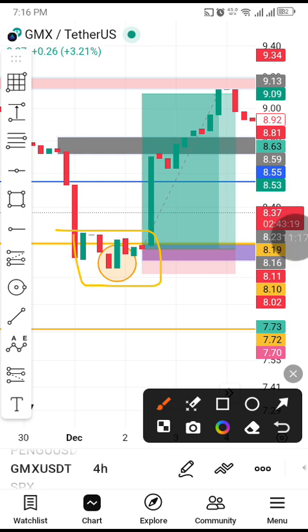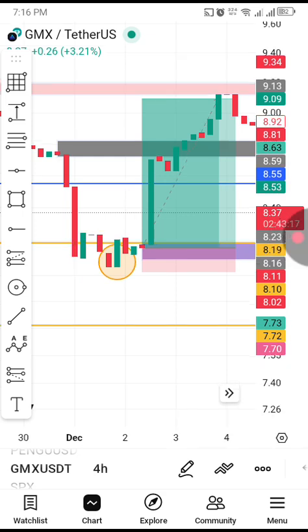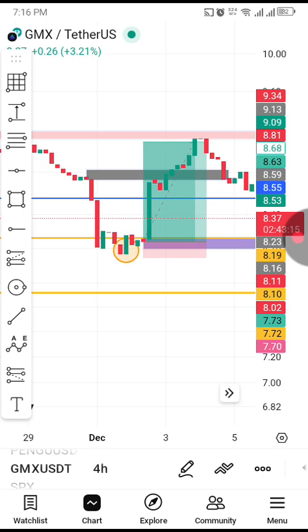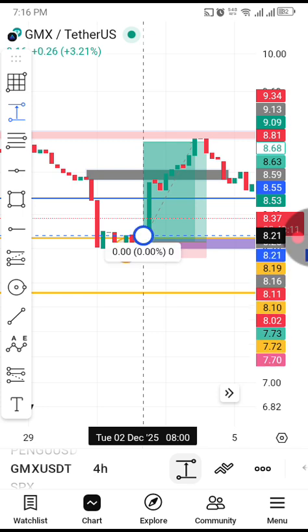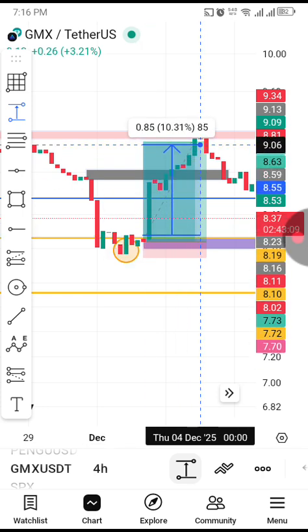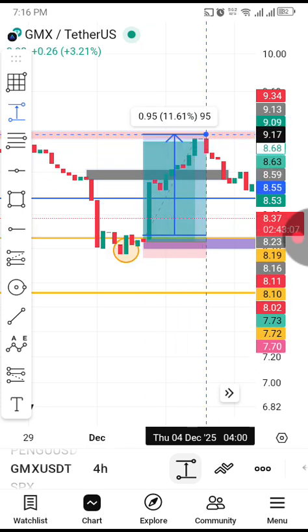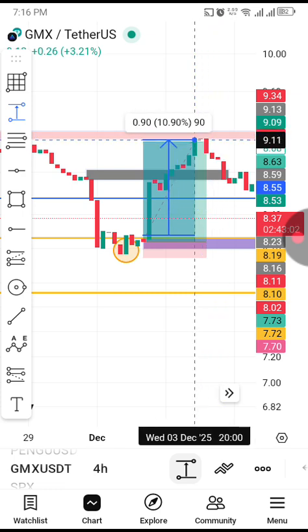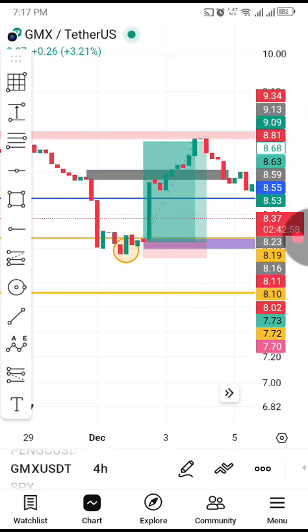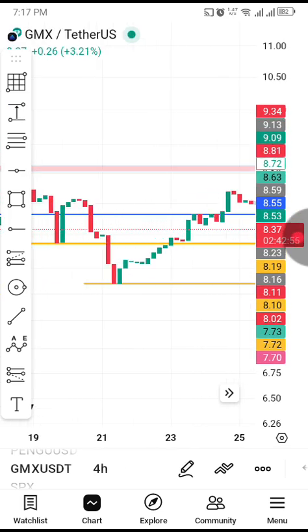However, I entered aggressively. I have taken almost 12%. Have you seen? I have taken 10% profit from this trade.